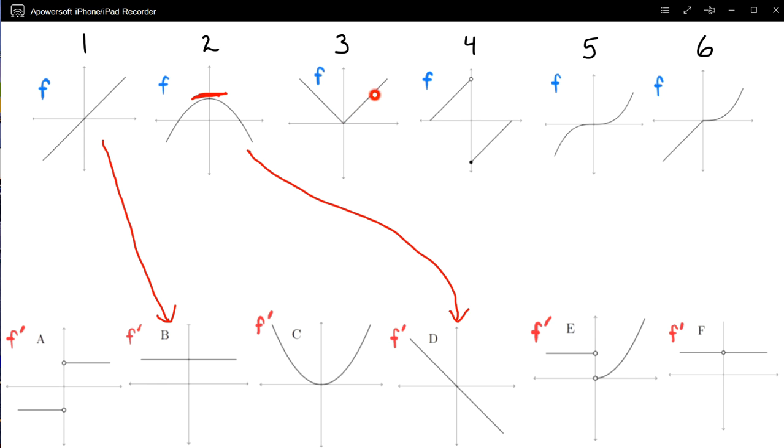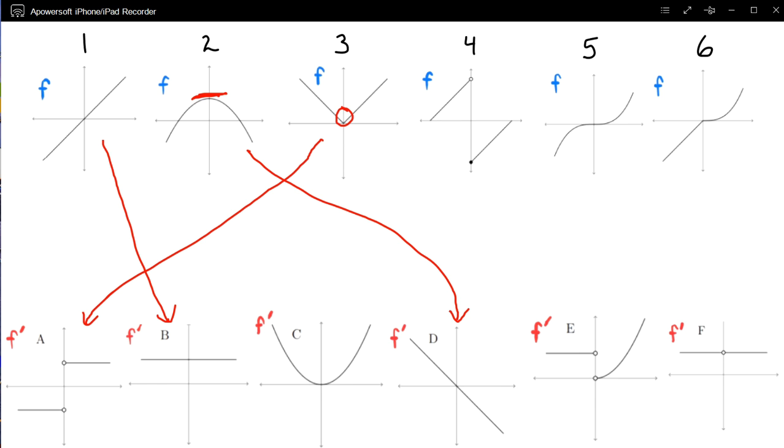To the right, our derivative is a constant positive value. So we have a constant negative, a constant positive, and then at this point right here, the derivative does not exist because we have a corner. So the graph that fits this category is graph A.